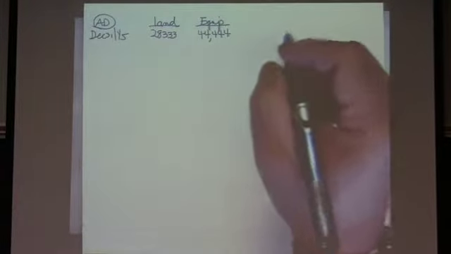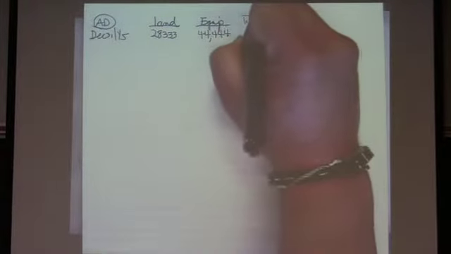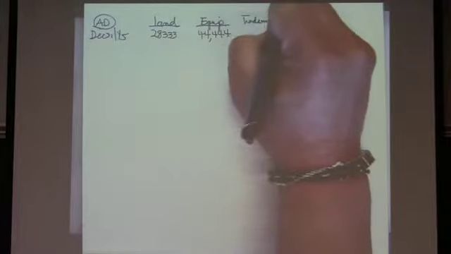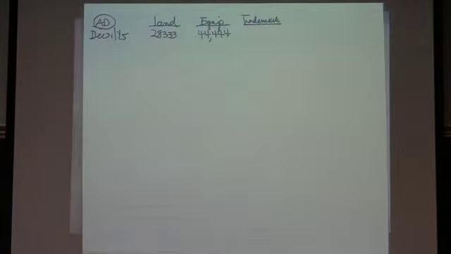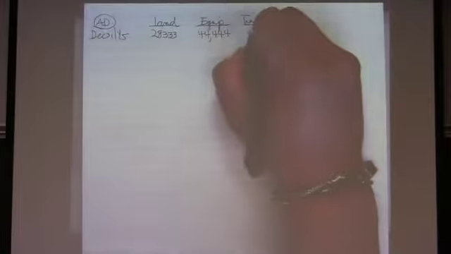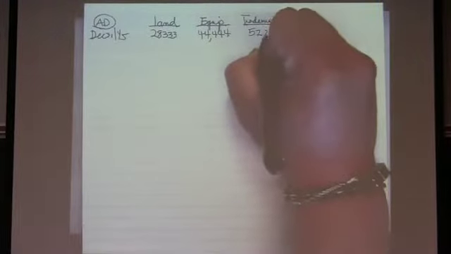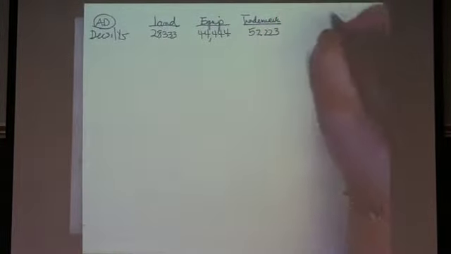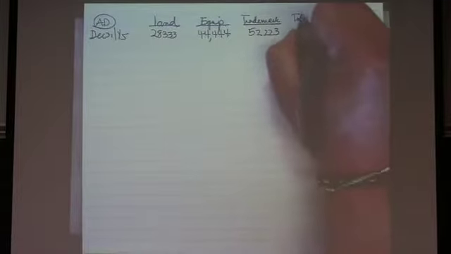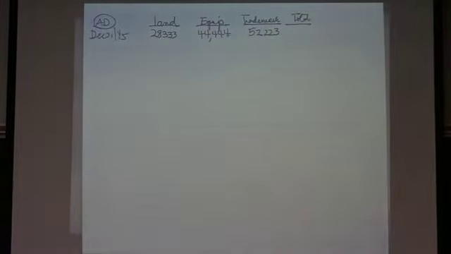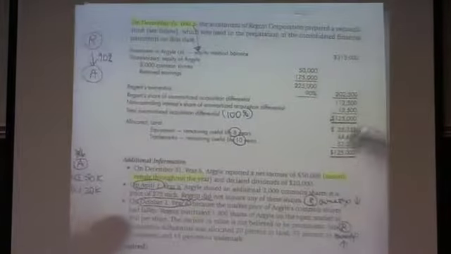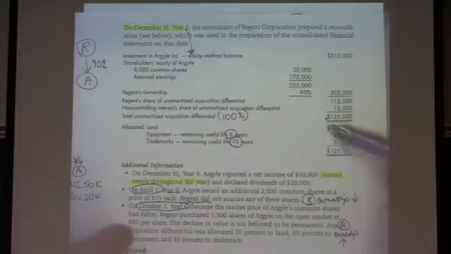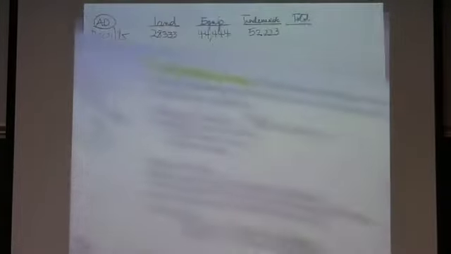And you've got trademark, and the balance there is 52,223. And you've got your total. Now, where am I getting these numbers? These are the numbers that we were provided in the question, from land, equipment, and trademark.